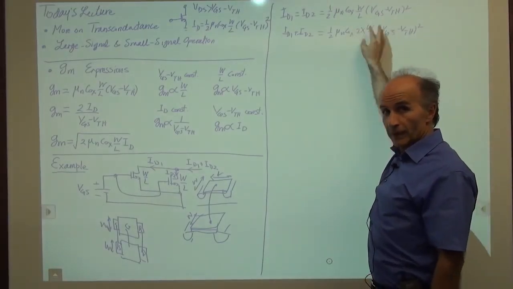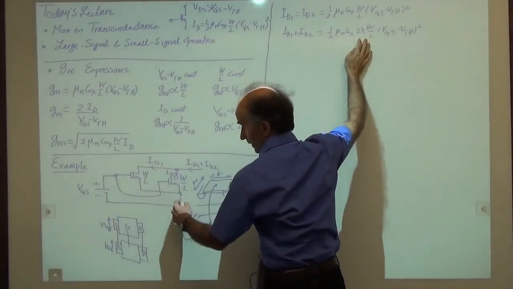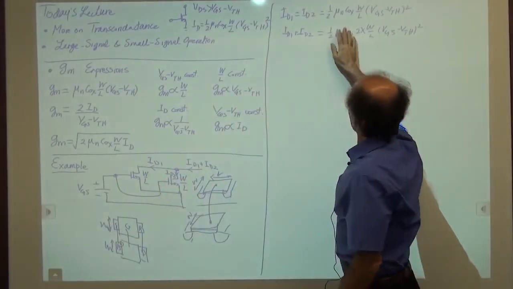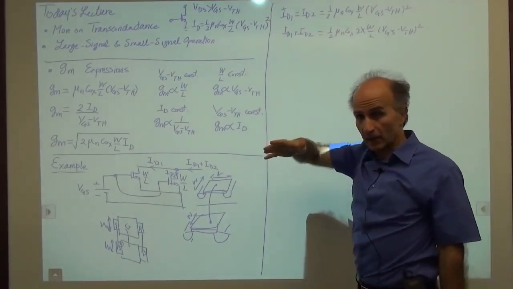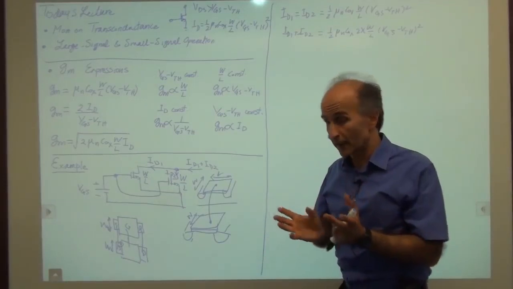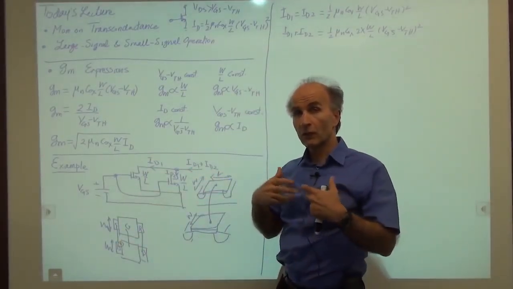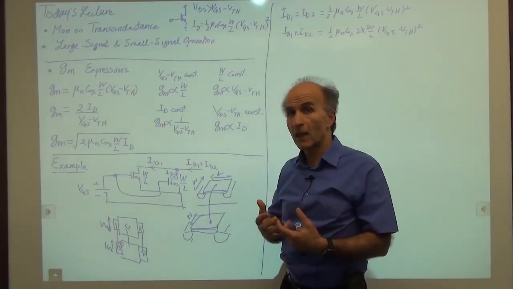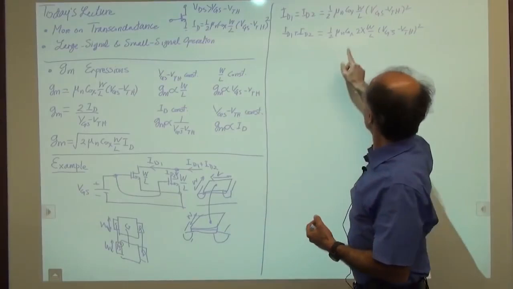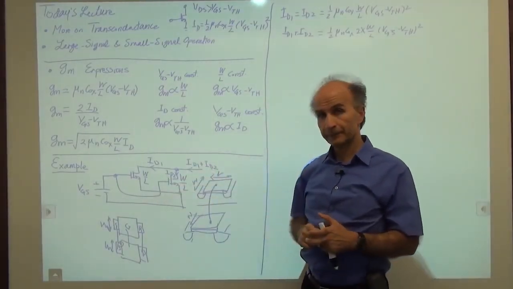We cannot take this 2 inside as square root because they have the same VGS. This VGS is the same as before when I didn't have one device. And mu n C ox, again, is a constant of technology. It's the same for both of these devices. So equivalently, if I want to put these two devices in a black box, the only equivalency I can create is to say the new composite device is twice as wide as each of these devices.